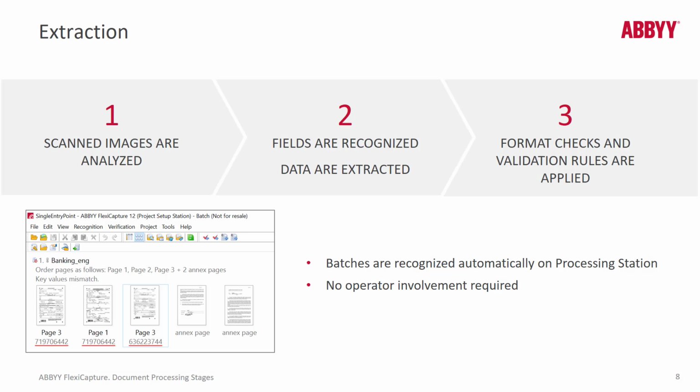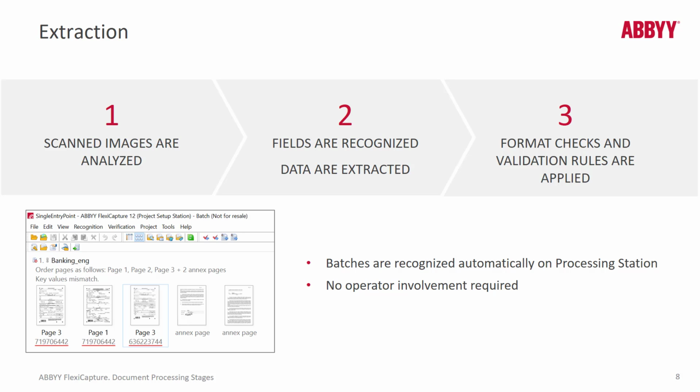Extraction. So once documents are recognized, then the data can be extracted. And once we've received the field level data, we perform format checks and validation rules right at the recognition stage. And this is no user operator involvement at all. It's just an automatic step.